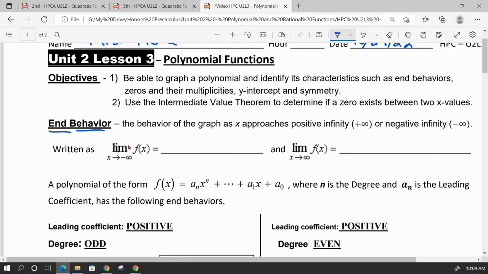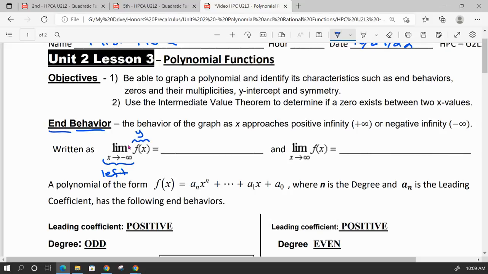So the abbreviation LIM represents limit, x arrow negative infinity. So this x with the arrow negative infinity means as x approaches negative infinity, which basically is the left side of your graph. The f of x is your y.